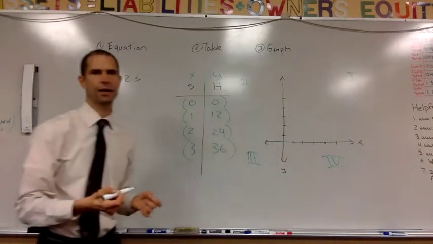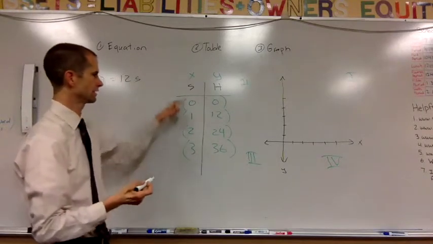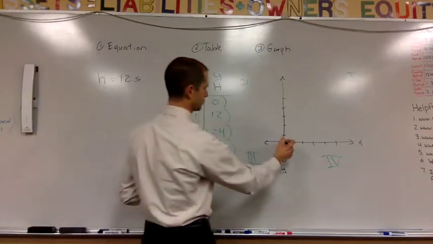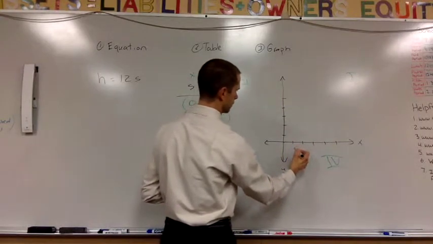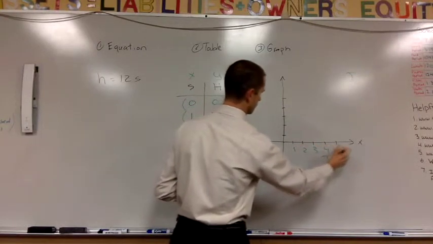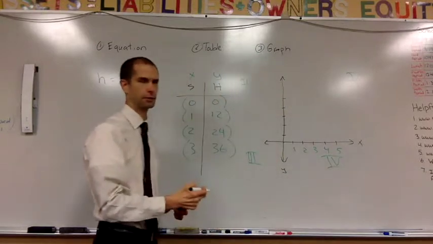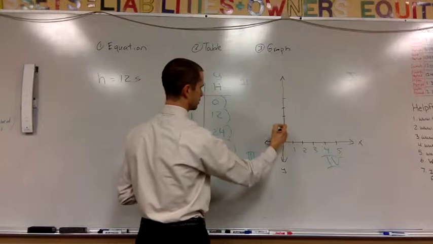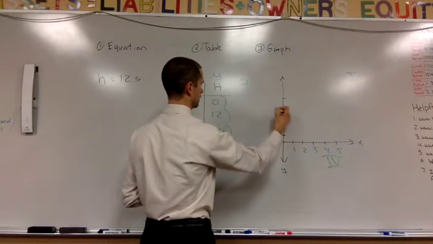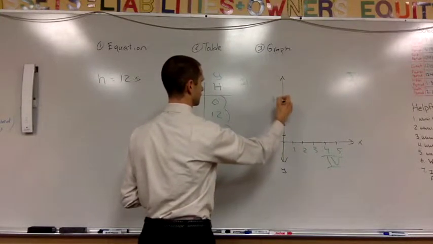We only care about the quadrant where our solution set exists. So our first point has 0, 0, and we need to put a scale on here. So we'll do 0, 1, 2, 3, 4, 5 down here, that works fine. These numbers are a little bit bigger, so I'm going to use 10, 20, 30, 40, 50.